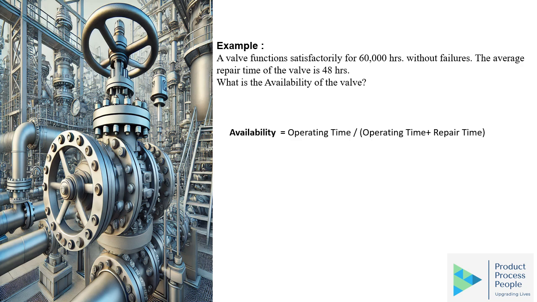So the valve has worked satisfactorily for 60,000 hours. So this will be the operating time divided by operating time plus repair time. In the denominator, it will be 60,000 plus 48. It comes out to be 0.992.